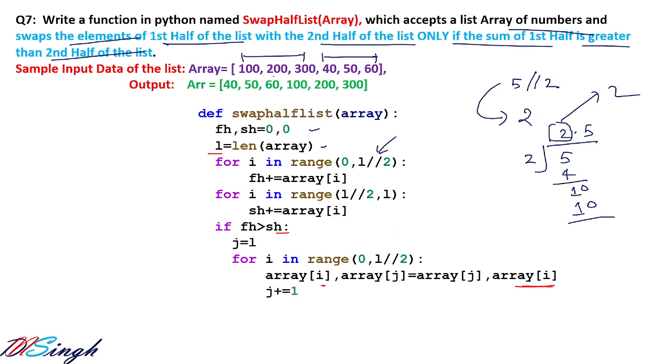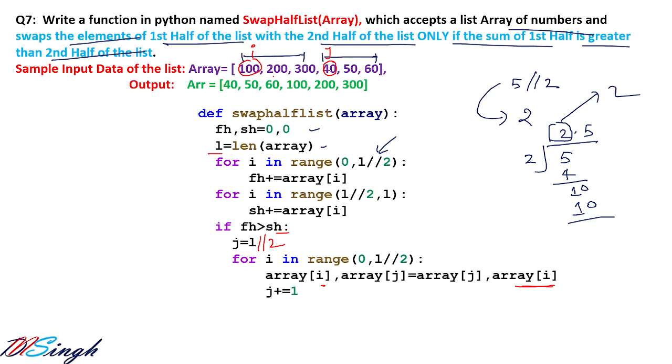Next, we are going to increment j by 1. I hope that should start from the half, because j will point here, i will point here, and the value at j will be placed at the value of i, and the value of i will be placed at the value of j.